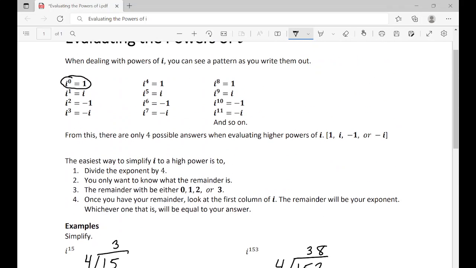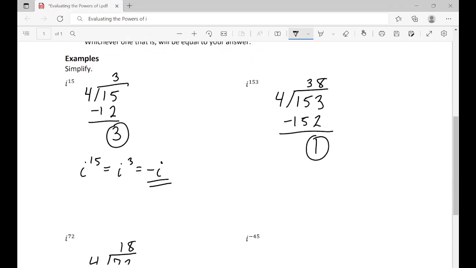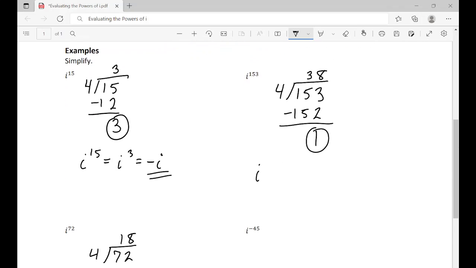So up here, remainder of 1, i to the first, which is equal to i. So i to the 153rd is equal to i to the first, which is just equal to i. So our answer here is just i.